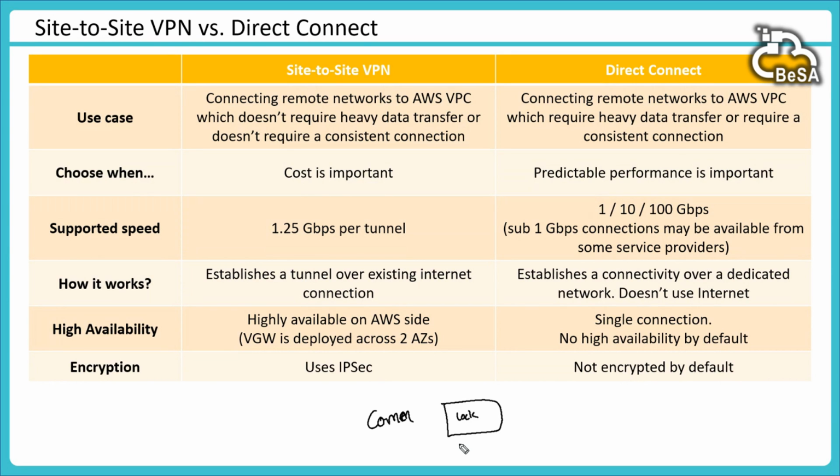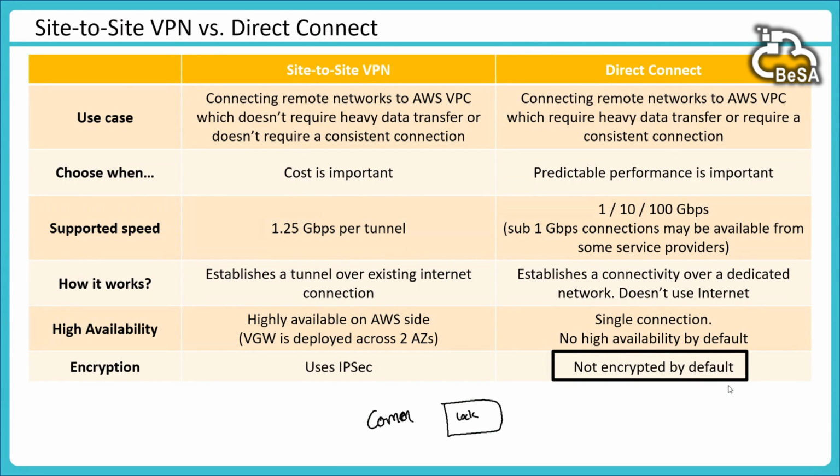But when I'm flying in my private jet, do I have to put a lock on my suitcase? Probably not. The same thing applies here too. So Direct Connect is not encrypted by default. We expect it is a physically separate connection, so you do not need encryption by default. But if you want, you could establish a VPN on top of Direct Connect for encryption, but encryption is not there by default in Direct Connect.